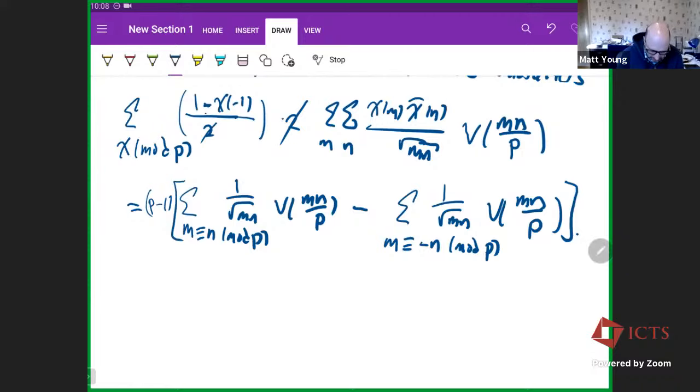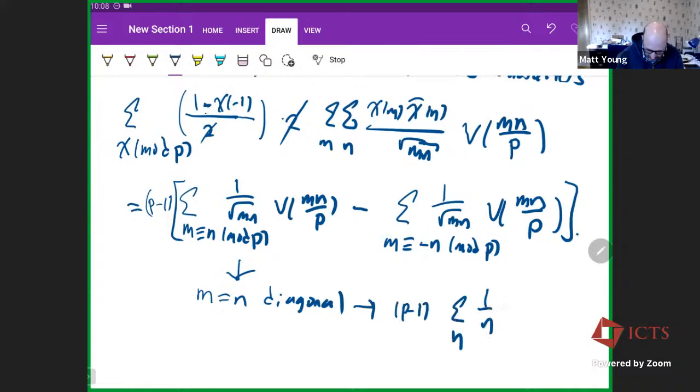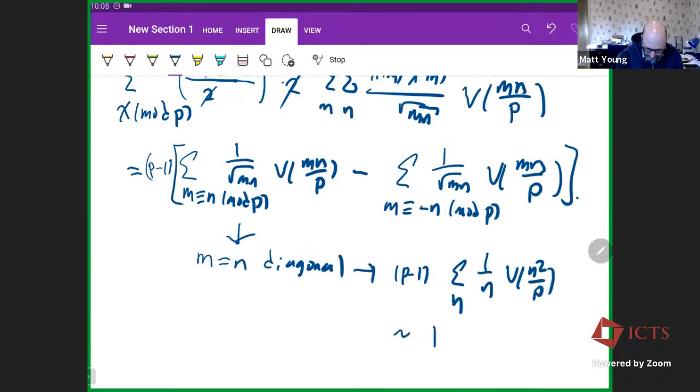So for this part, when m is congruent to n, you've got the diagonal term. And that leads you to p minus 1, sum over n, 1 over n, V of n squared over p. And a little bit of work shows that this is asymptotic to p log p.